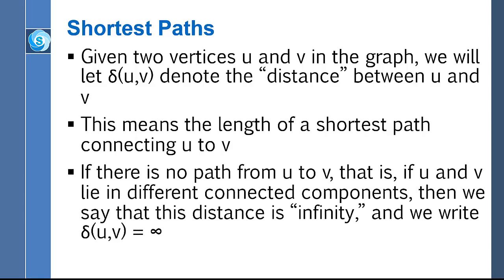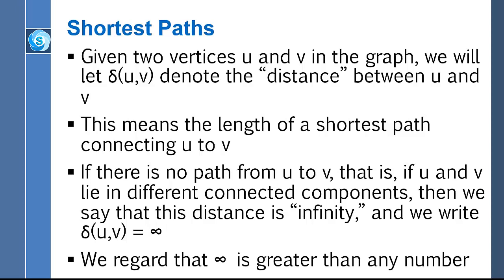But of course, u and v might not be in the same connected component. There may not be any path from u to v. In that case, we'll say that the distance between them is infinity, and we'll write delta(u, v) = infinity.